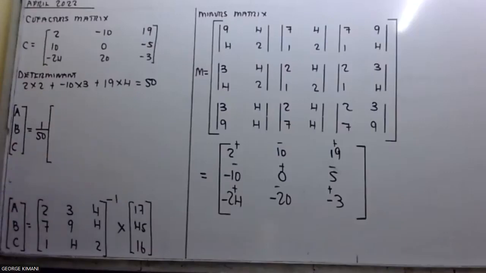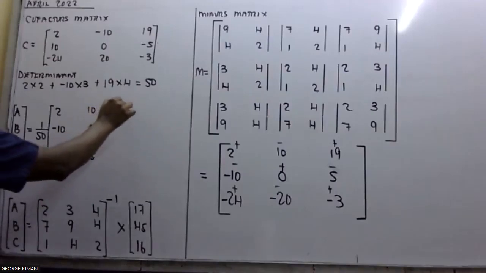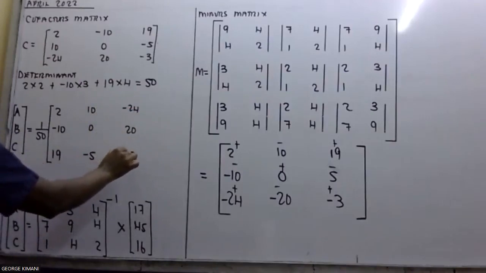Then you create the adjoint, and we say adjoint is the transposed cofactor. So this will be 2, this is minus 10, this is 19. Then here we have 10, 0, minus 5, minus 24, 20, and minus 3.